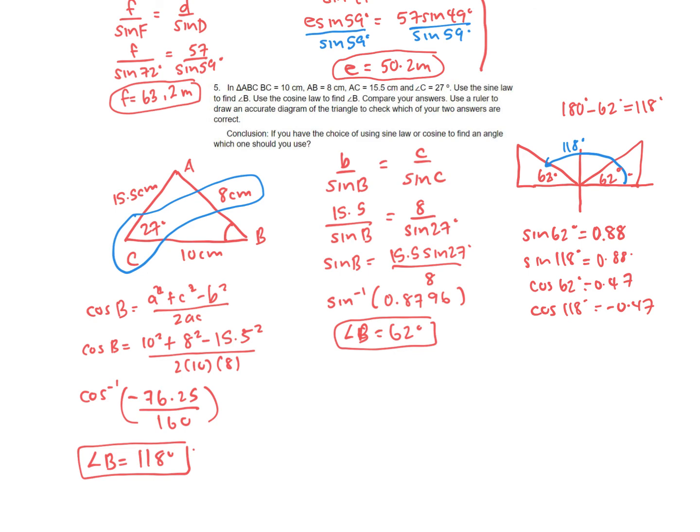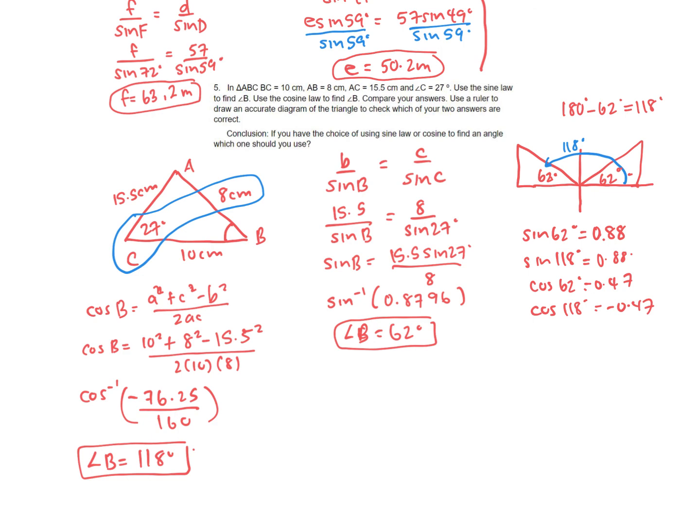So when you're doing these calculations, to make sure that you get the proper angle, the correct angle, it is better to use cosine law than sine law, because when you use cosine law, you will get the correct angle based on the sign, whether it's positive or negative. When you use sine law, you might end up with the wrong angle.